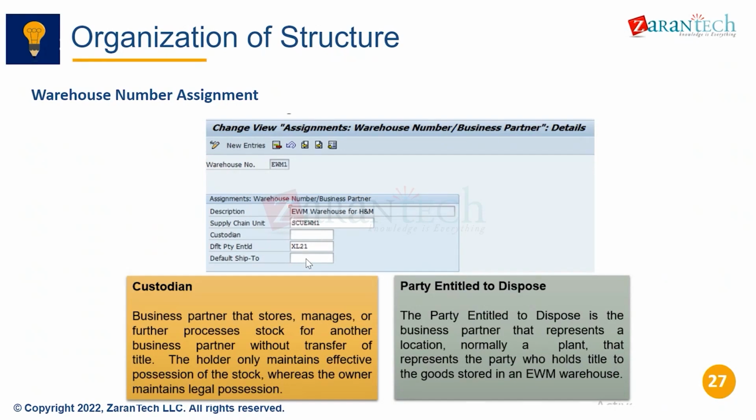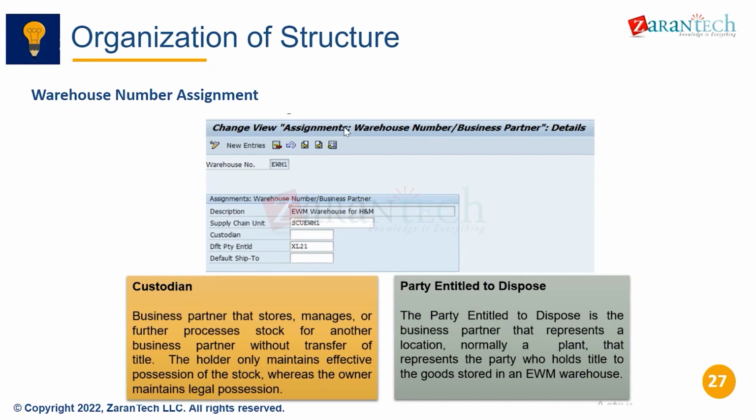Then default ship-to, where you are going to ship the stock, we can mention here. Generally, if the warehouse is for finished goods, whatever goods come into the warehouse you'll always ship to a different distribution center in the same plant, from where all the distribution of that stock will be sent to the end user customer.